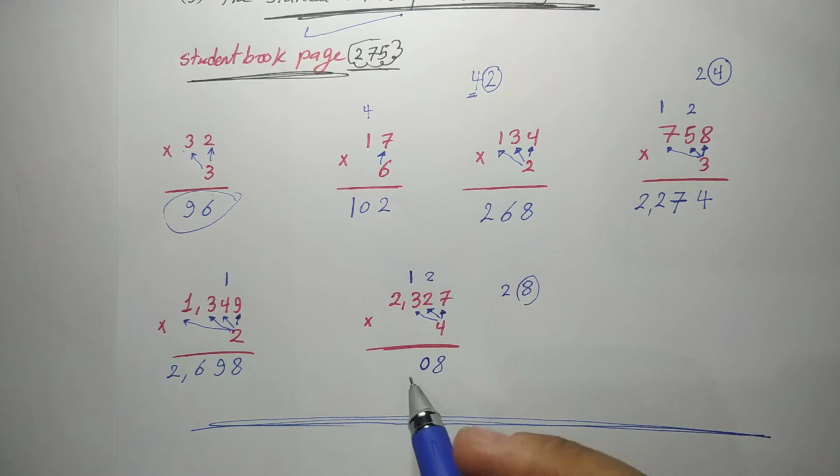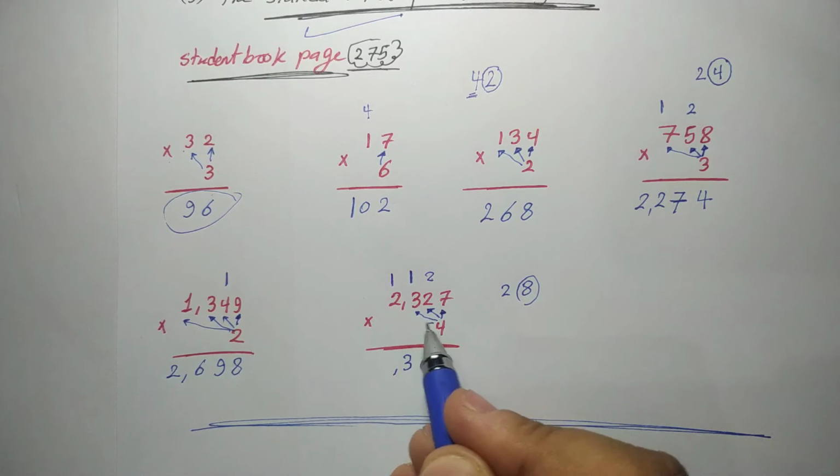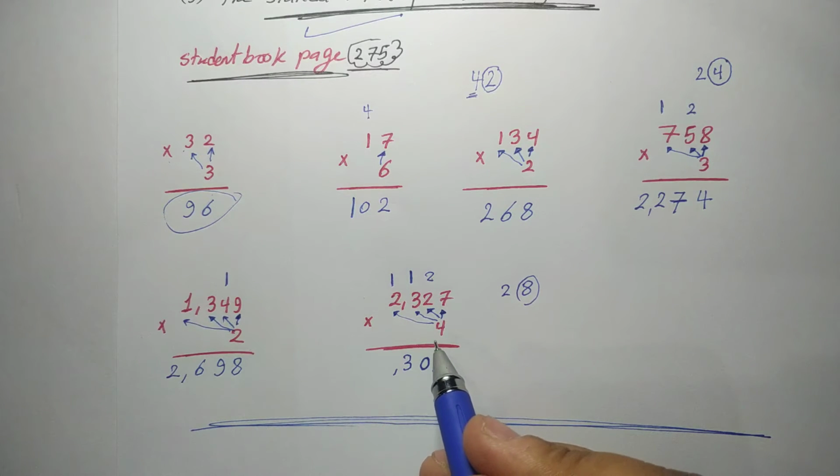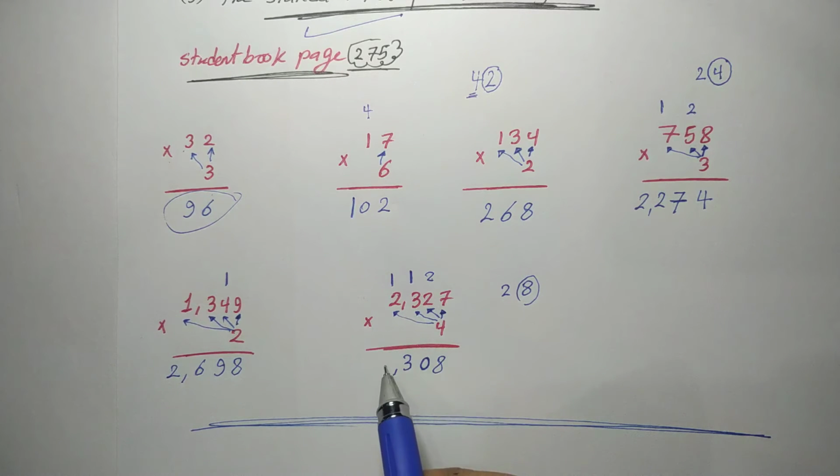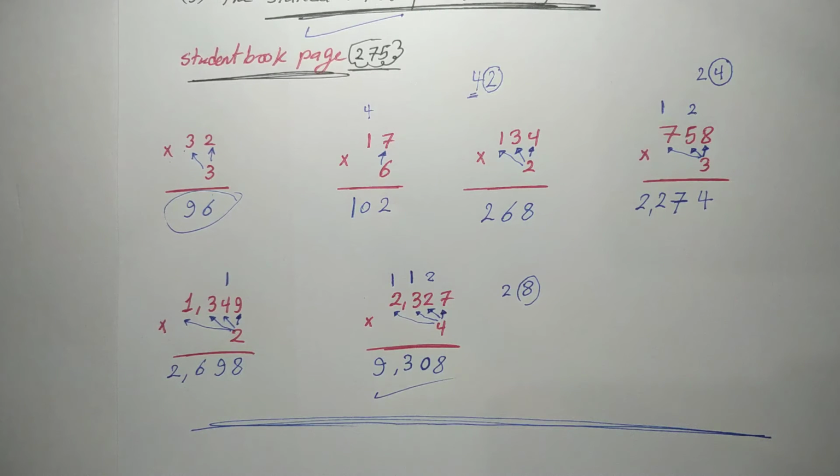I will write 3 and carry up 1. 4 times 2, it's 8. 8 plus 1, of course it's 9. So this is the answer.